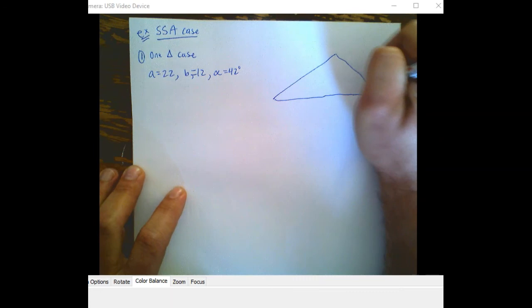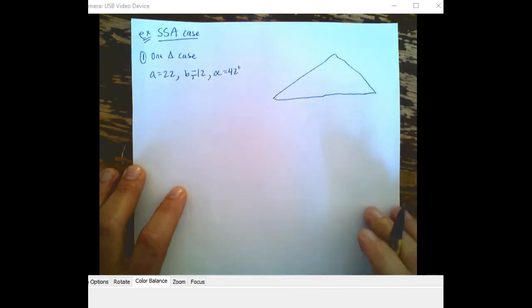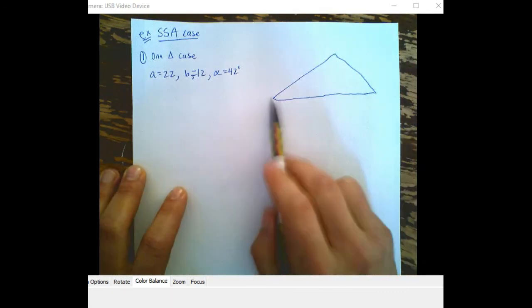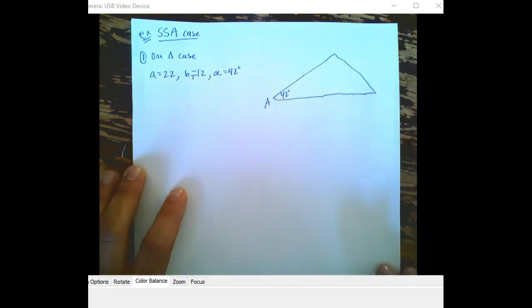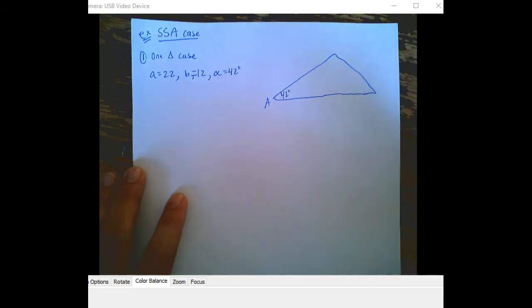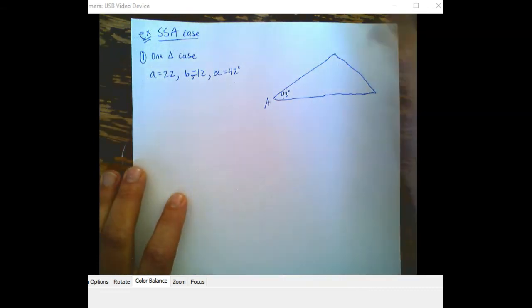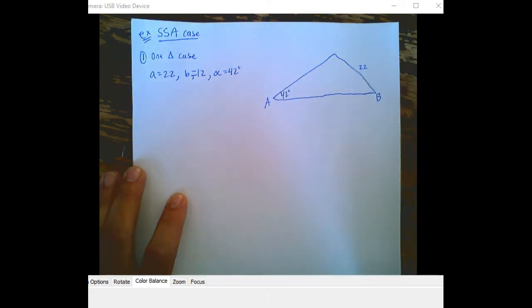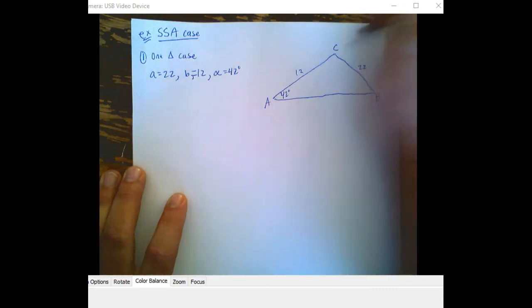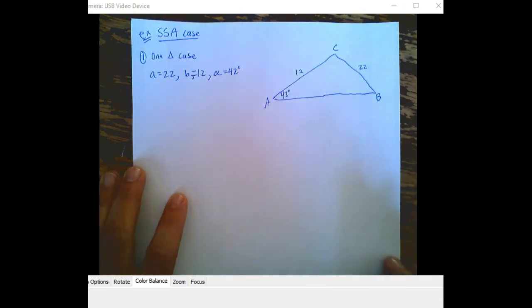I'm always going to put the known angle here, so let's say that's A, 42 degrees. And little a is 22, and B is right here. B is 12, so C is the unknown. Everything's unknown about C. Okay?